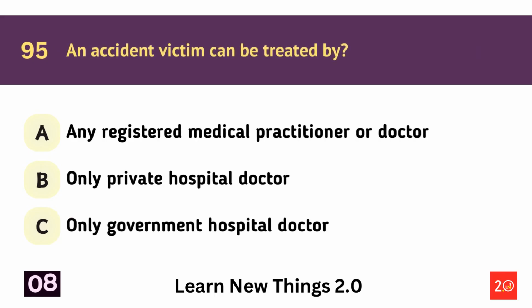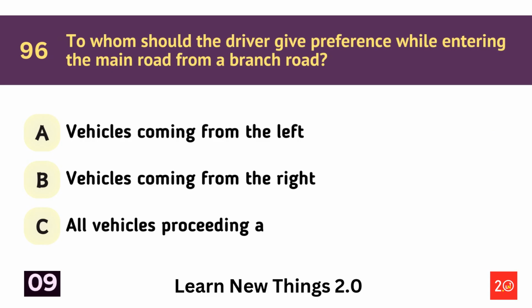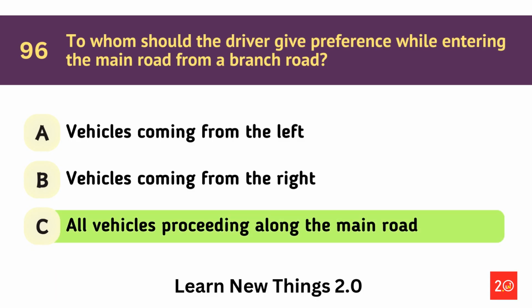An accident victim can be treated by any registered medical practitioner or doctor. To whom should the driver give preference while entering the main road from a branch road? All vehicles proceeding along the main road.